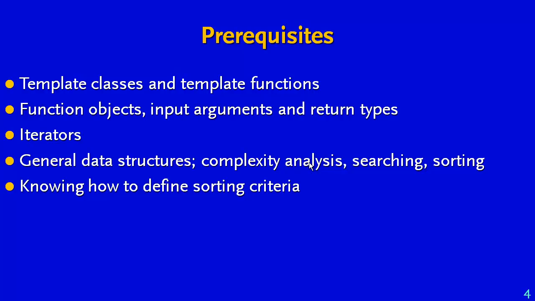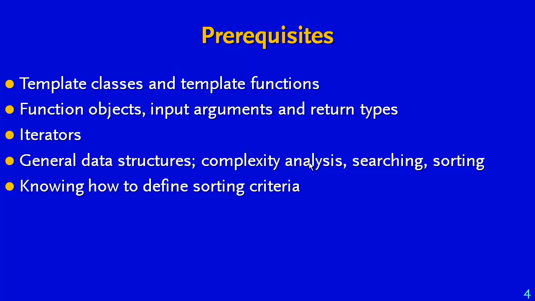You need to have a reasonably good idea of what a function object is, and both its input arguments and the return types, because function objects can have a non-void return type, so it returns an object or a piece of data, but some function objects just change some arguments, in which case they will have a void return type.